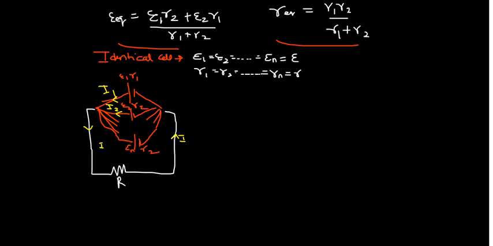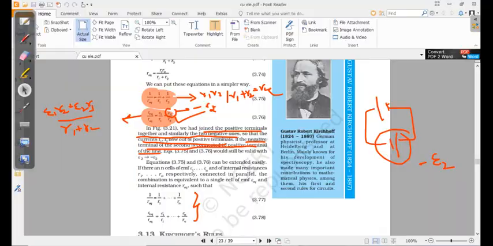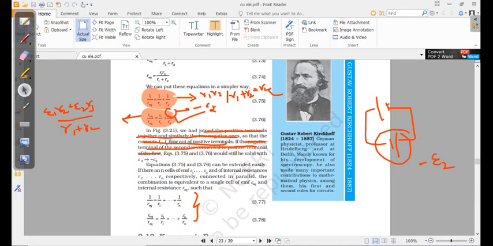Remember, most of the time we are not going for the other equations. 90% we prefer this equation only, because most of the numericals given in multiple answer questions, or even in theory, are dealt with this equation.